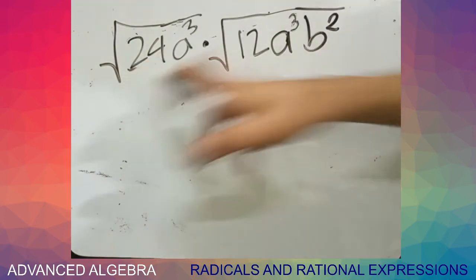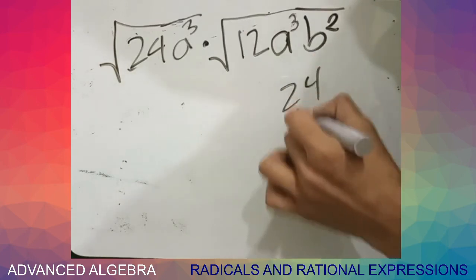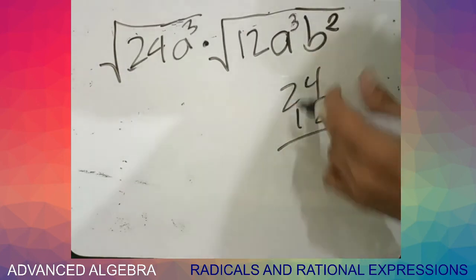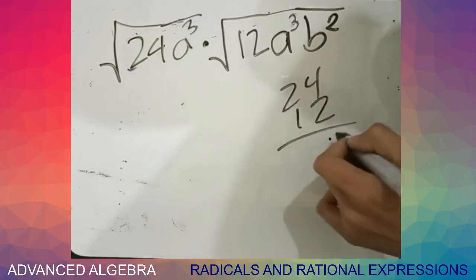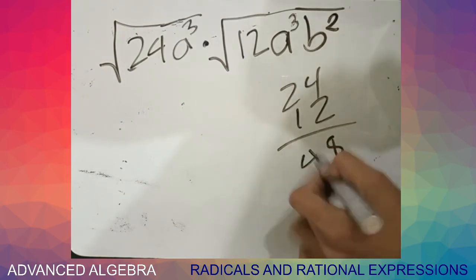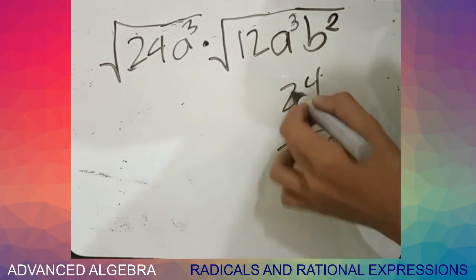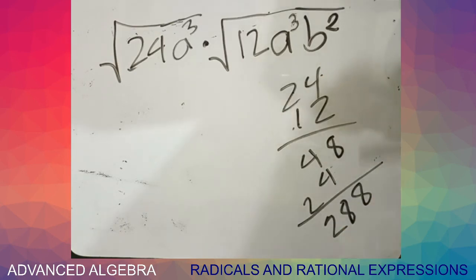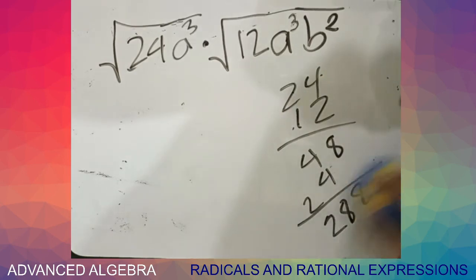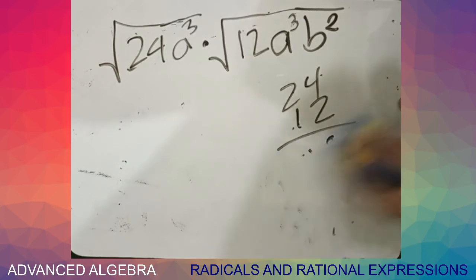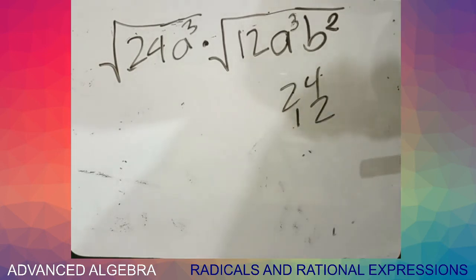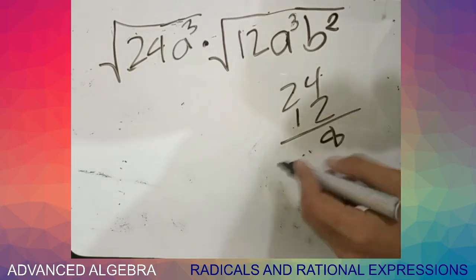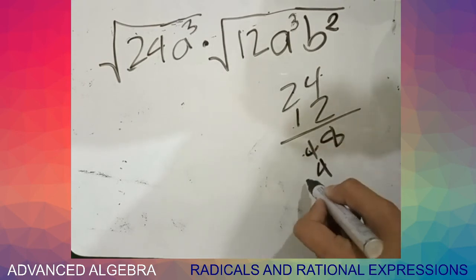So, 24 times 12, ang sagot ay, 4 times 4, 4 times 2 is 8, 2 times 2 is 4, 1 times 4 is 4, 1 times 2 is 2. Ulitin natin nga. 8, 4, 4, 2.